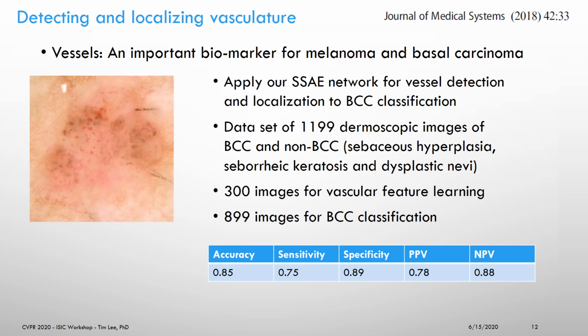The study results showed that the BCC detection accuracy was 85% with sensitivity 75% and specificity 89%. This is a very good result for identifying BCC when only one feature was used.